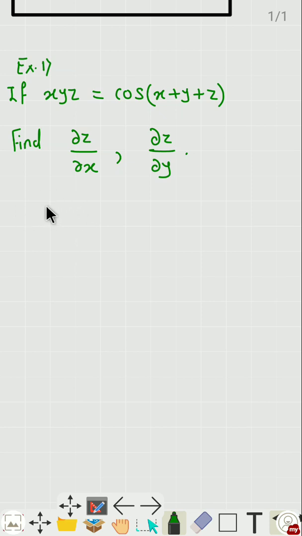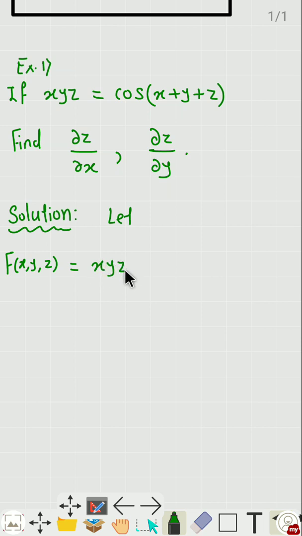Solution. Let us write the given function like this: capital F of x comma y comma z is equal to x into y into z minus cos of x plus y plus z.